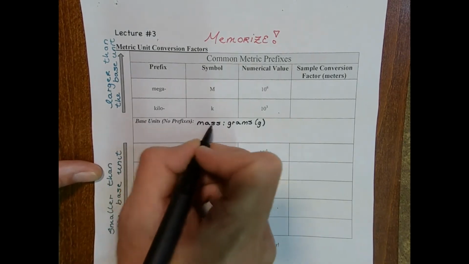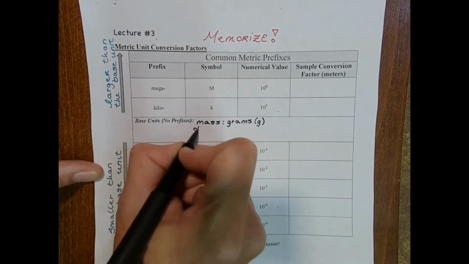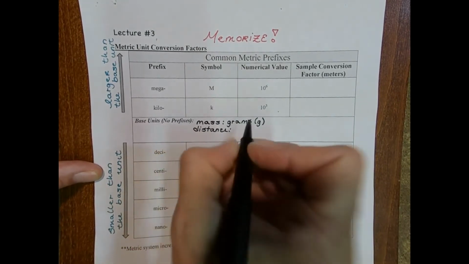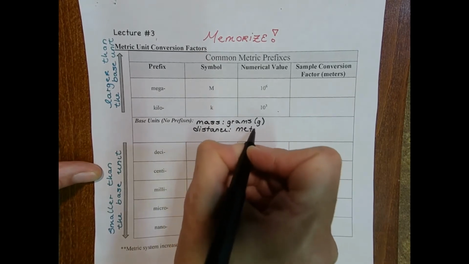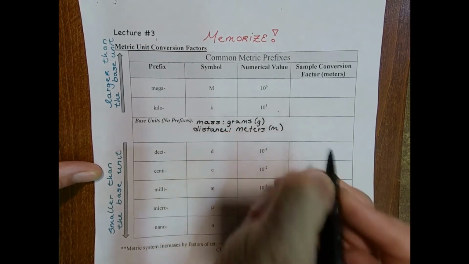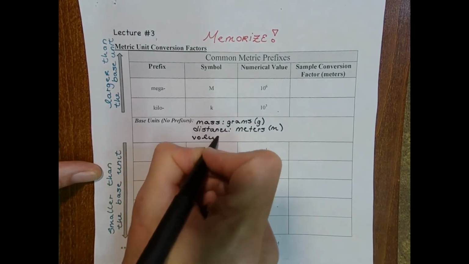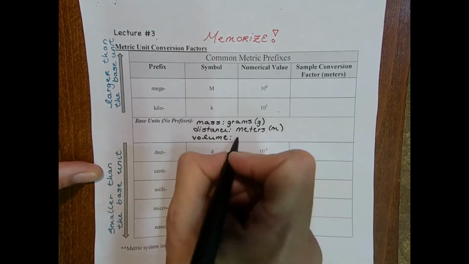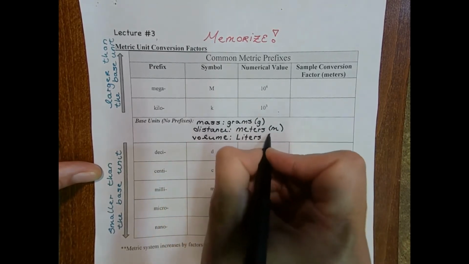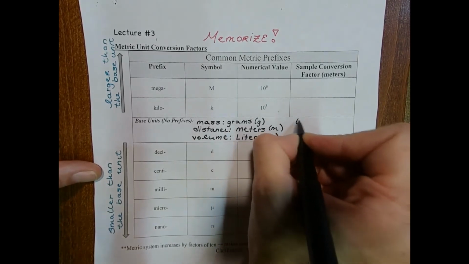Of course, you're going to want to measure a lot more than mass. You might want to measure distance or length. For distance, we're going to use meters. And that's going to be symbolized by lowercase m. You might want to measure volume. In the metric system, you'll use liters to measure volume, and that's going to be a capital L. Some other ones, time.